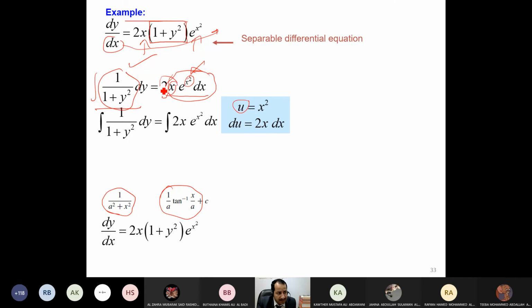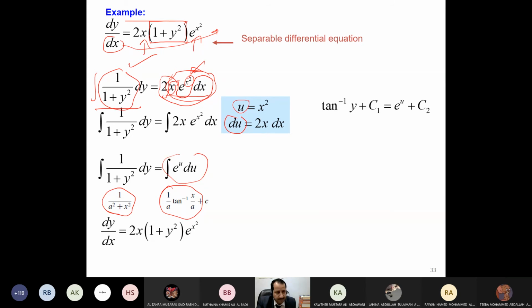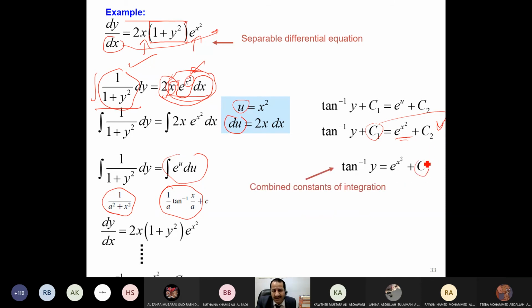Okay, you see here this 2x dx will be du and exponential x squared will be exponential u, as you can see here. Now this part can be directly integrated, it will be exponential u. Then if I substitute back u by x squared, I have this expression, as you can see here. Take c1 to the other side, it will be c. For that, usually we directly write c.